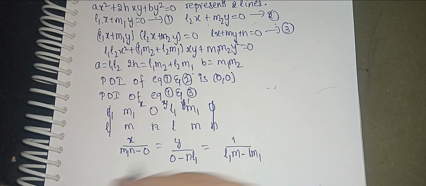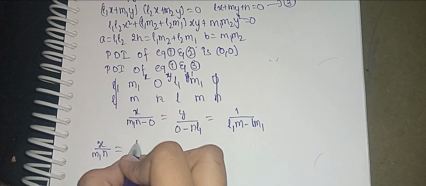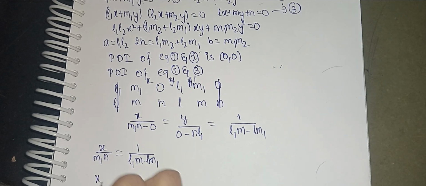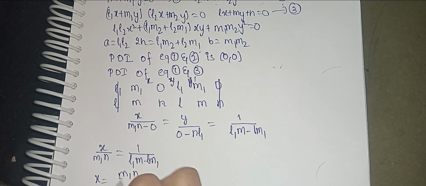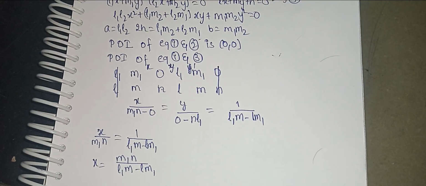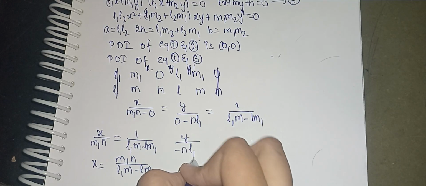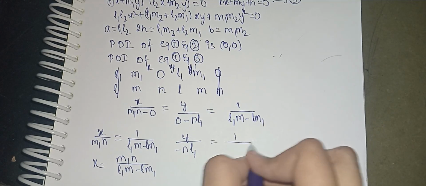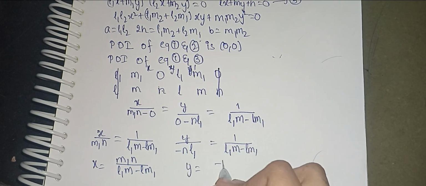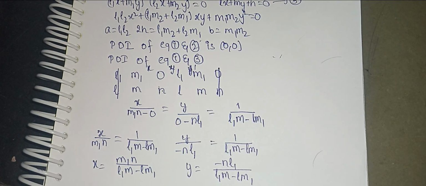As they are both equal, x by m1n is equal to 1 by L1m minus Lm1, so x is equal to m1n by L1m minus Lm1. They are also equal, y by minus n l1 is equal to 1 by L1m minus Lm1, so y is equal to minus nl1 by L1m minus Lm1.